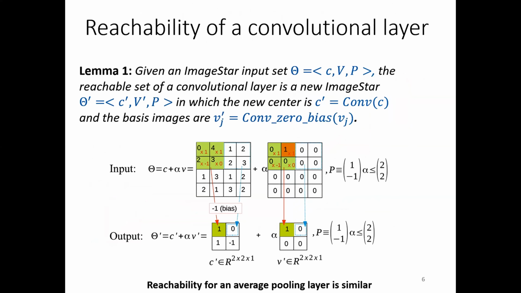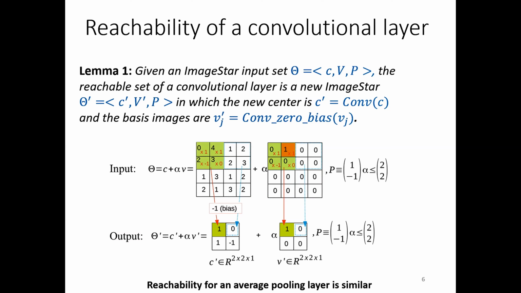Now I'm going to show you how to do reachability analysis for convolutional layers using the image star approach. Suppose we have a convolutional layer and an image star input set theta, and we want to compute the output set of the layer.